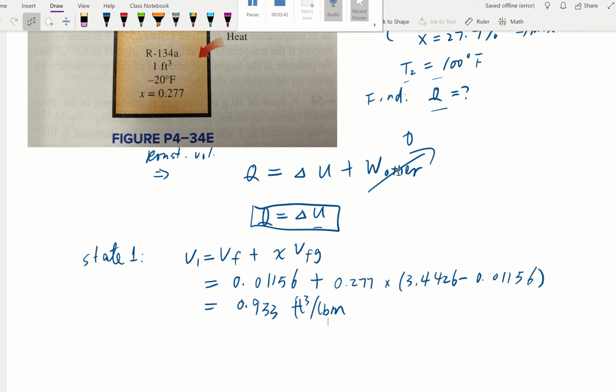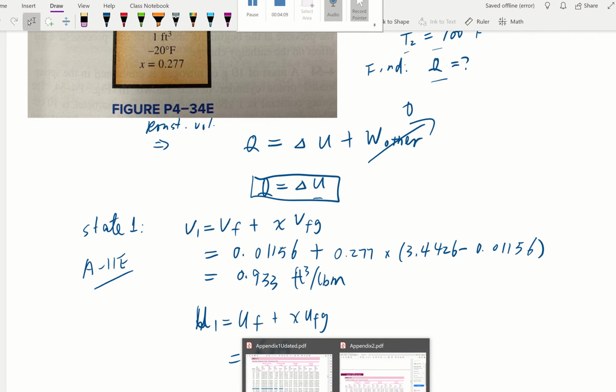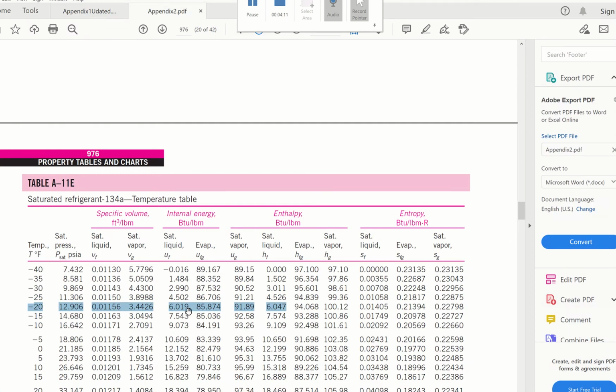Then we also need to find our internal energy U1. U1 is equal to UF plus X UFG. From the same table, which is table A11E, at -20 Fahrenheit, our UF is 6.019, I'll show you right here, and UFG is 85.874.